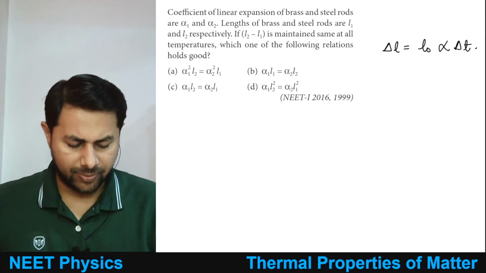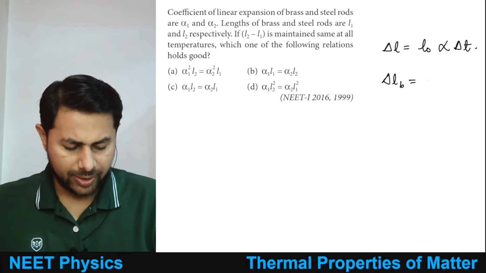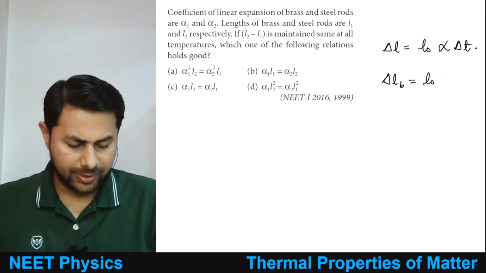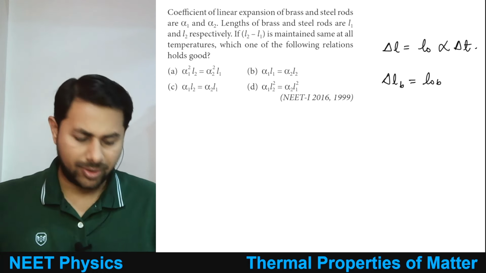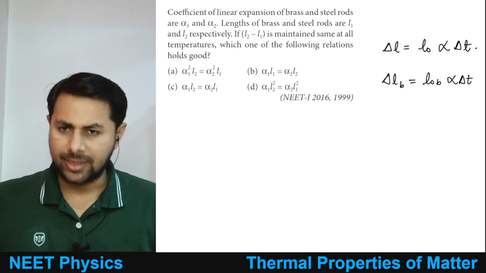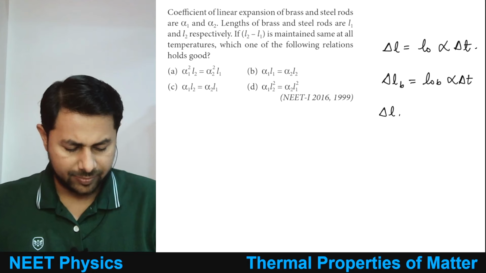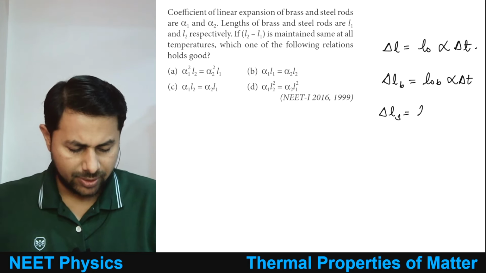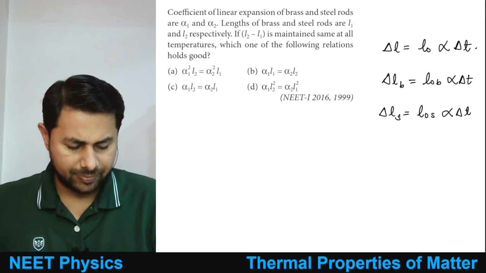Delta L for brass would be equal to L naught for brass, let's say L naught B, times alpha delta T. Delta T is the change in temperature, and delta L for steel is equal to L naught for steel multiplied by alpha delta T.